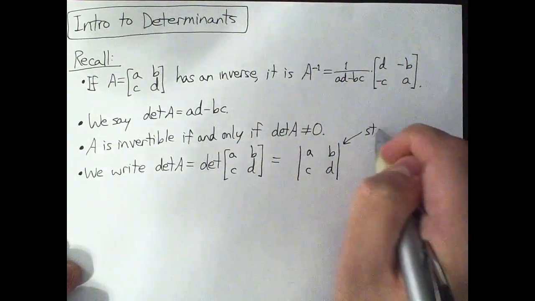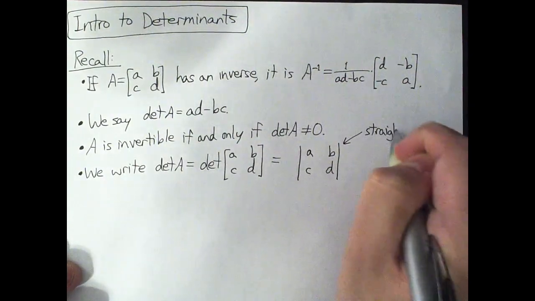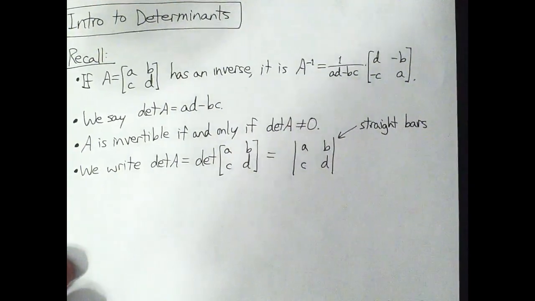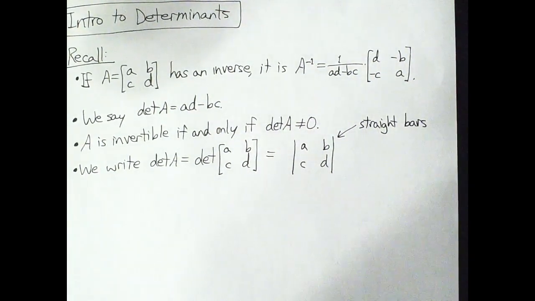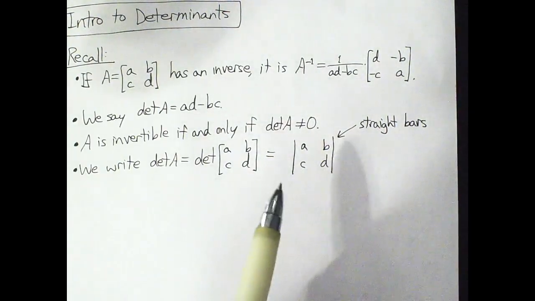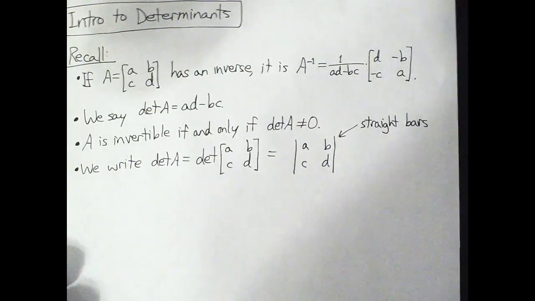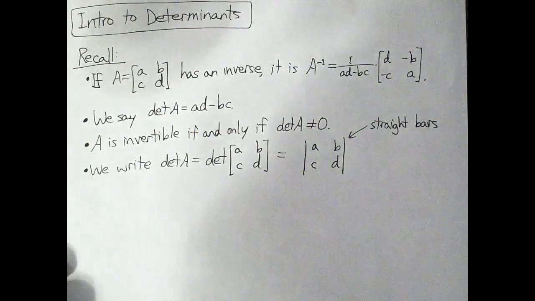Just straight bars. They kind of look like absolute value bars, almost. Anyway, those are determinant bars. That's how we should think of them. And we're going to use those quite a bit in this lesson. So if you haven't used that notation before, hopefully you'll get used to it by the end of this lesson.